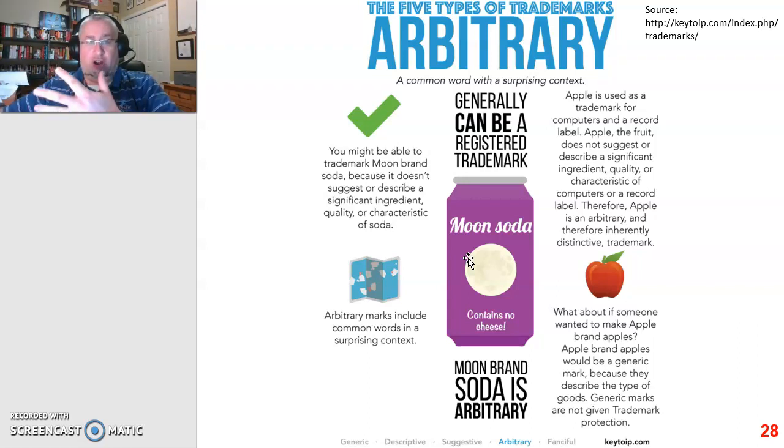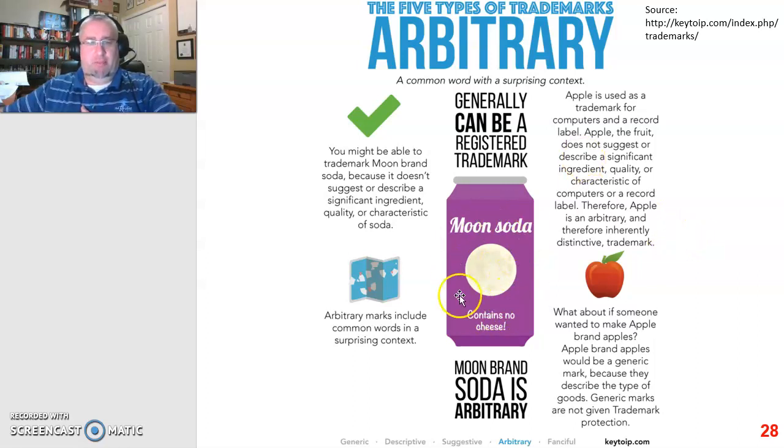So it's sort of this arbitrary choice, because of the lack of direct linkage between the symbol or the word moon and what everybody thinks of as soda, the drink that gives you energy. This one would probably be accepted because it's not something that would be in common use among competing products in your particular market sector.